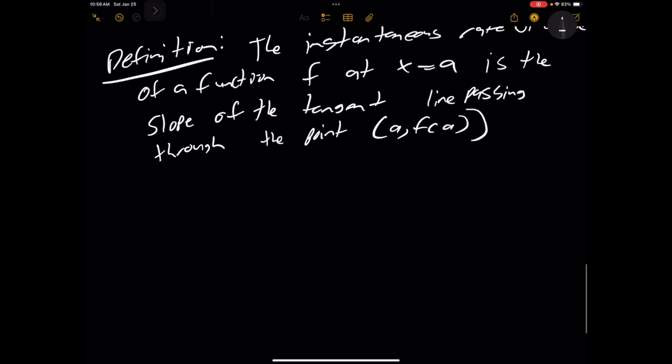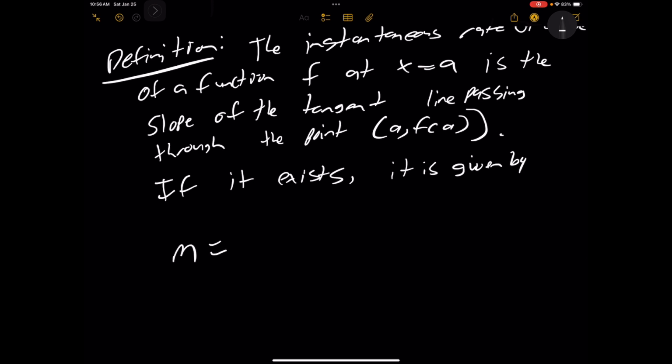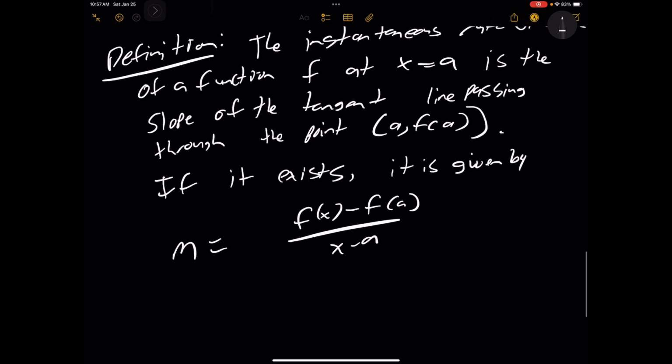And if it exists, it is given by m equals f of x minus f of a over x minus a.